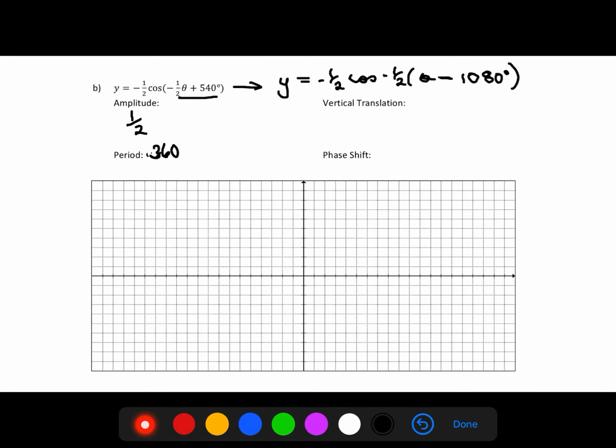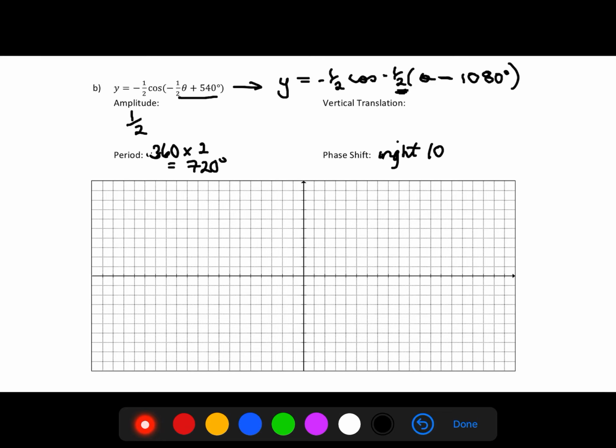So our period, and in degrees we're going to do it this time, so 360 degrees, but we have a 1/2. Again, just thinking about the 1/2, this means we're going to be multiplying by 2, opposite of what it looks like. So our period is going to be 720, but we're moving it.